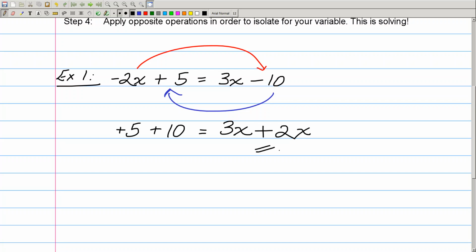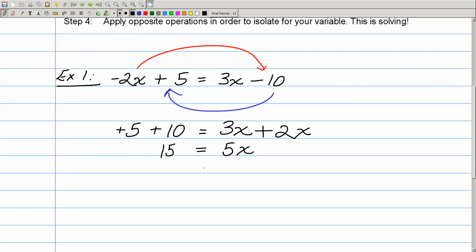So the sign to the left of the 2x is not minus anymore, it's plus on the right side, and the sign in front of 10 is a plus, not a minus anymore. So that's the idea. And now all I have to do is collect. So 5 + 10 on the left is 15, and 3 + 2 is 5x.